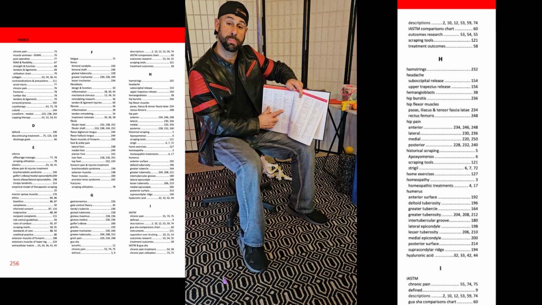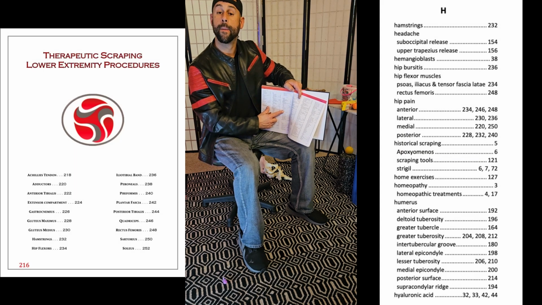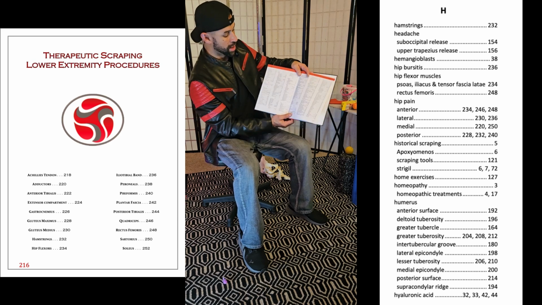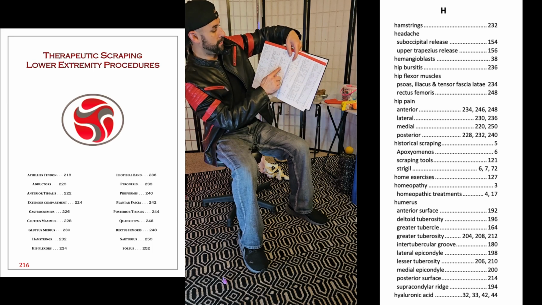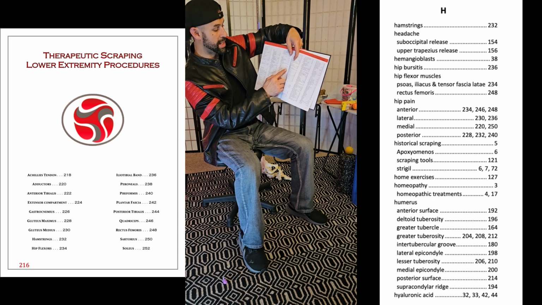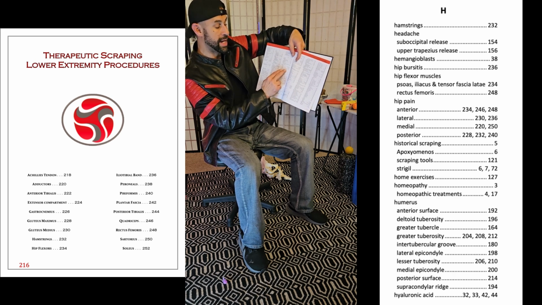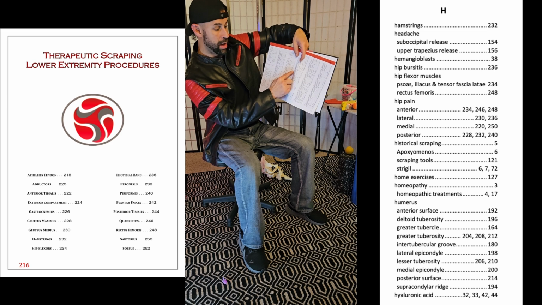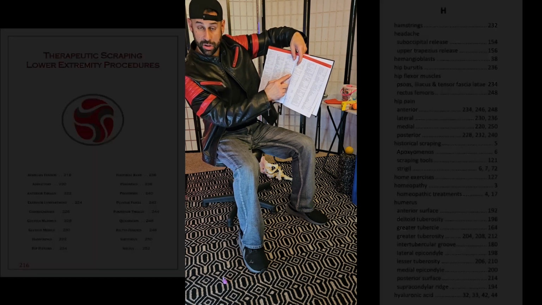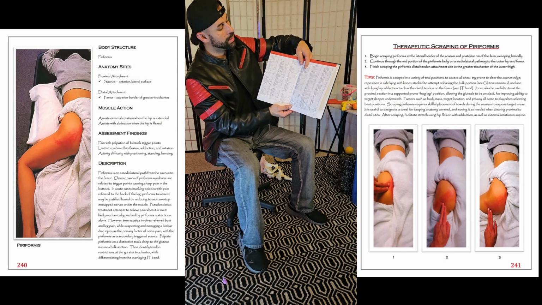In this case, because piriformis is more situated on the posterior hip, one could find page numbers of muscles that are on the posterior hip, in which in this case there are 3, of which one of them is page 240, the piriformis.